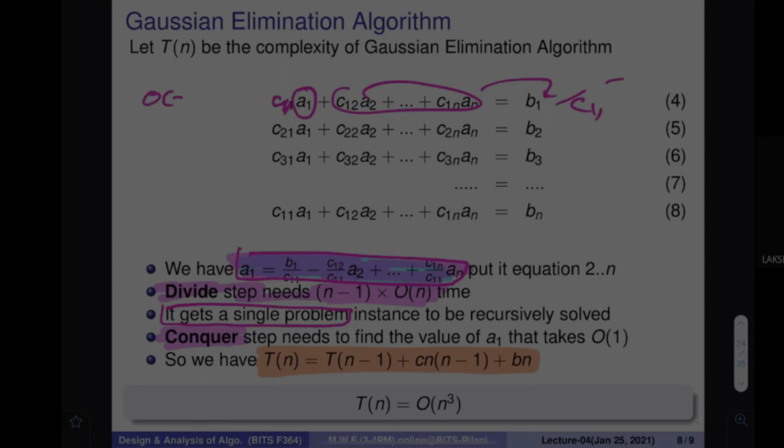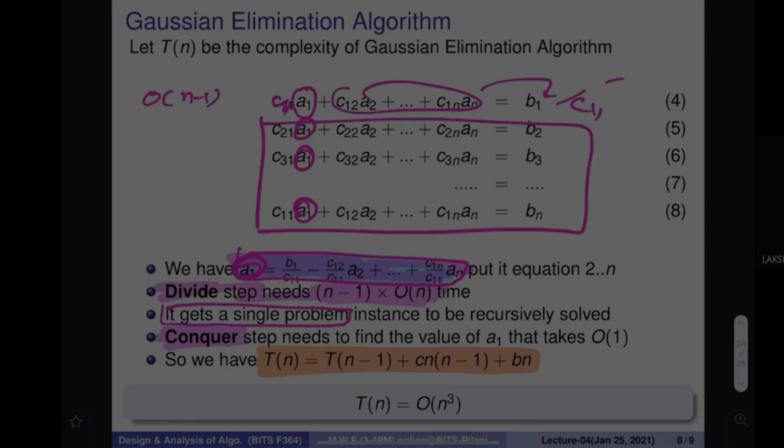Order of n time, because I have to move all these things and divide; essentially n minus 1 values I'm moving. So subtracting n minus 1 values and dividing by C11, and then I have to substitute this particular value of A1 that you have just obtained here, here, here, so that A1 is not there in these expressions.